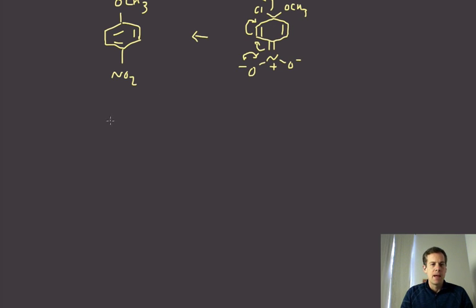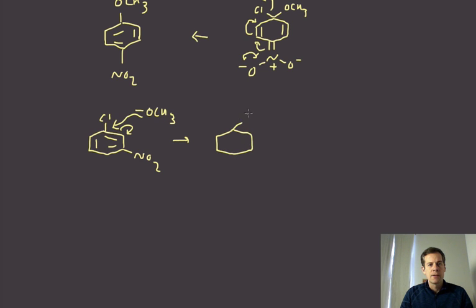So if we compared this to the meta-chloronitrobenzene, so we'll do it like that, again, if we're going to substitute the chloride, that substitution has to start still at the position that the chloride's attached to, and we push the double bond over to the side.